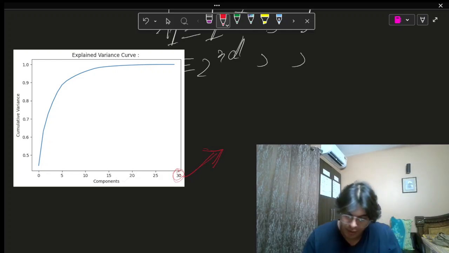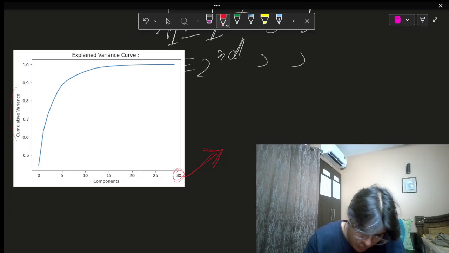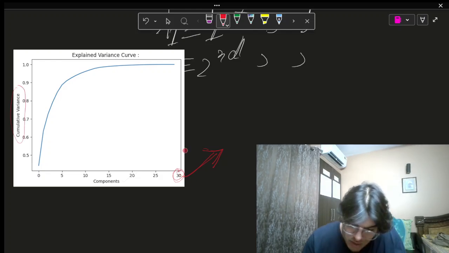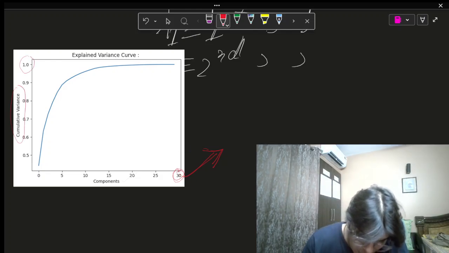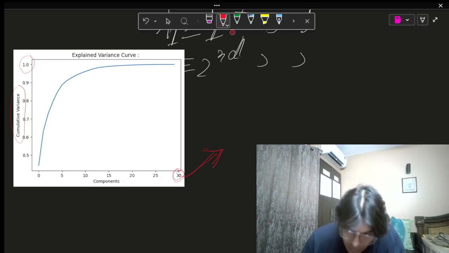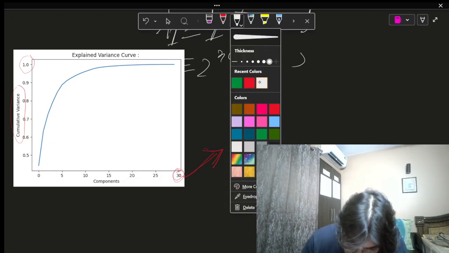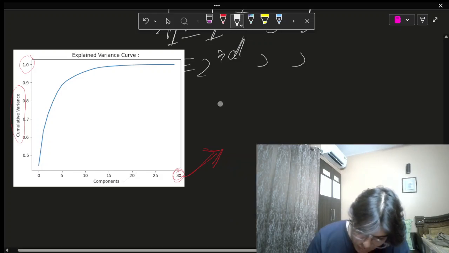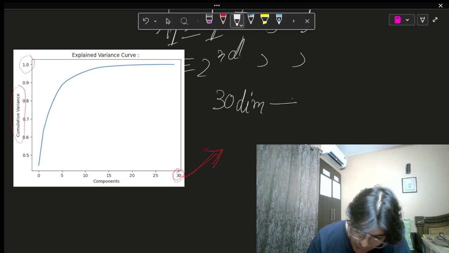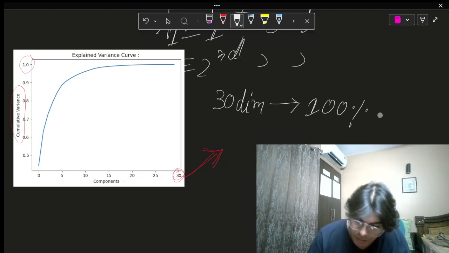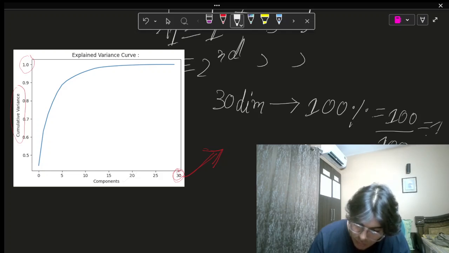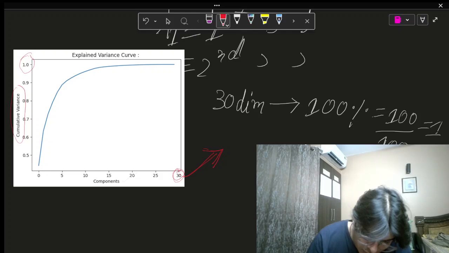And this is the cumulative variance, which means the explained variance. So 30 features explain one of the variance, which means the whole variance. If I want to write it, I can say that 30 features, which is the total features in the data set, so 30 dimensions are representing 100% of the data, or one whole part of the data. 100% just means 100 divided by 100, which means one whole part of the data, which is what is there on the y-axis. See, on the y-axis we have this one right here.